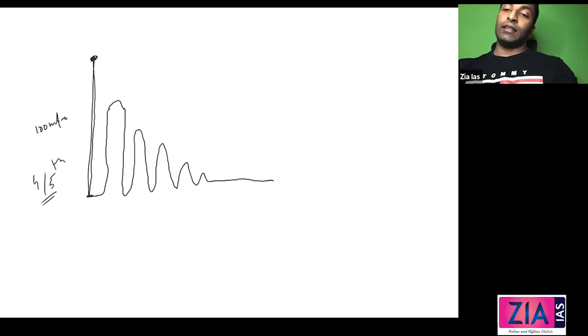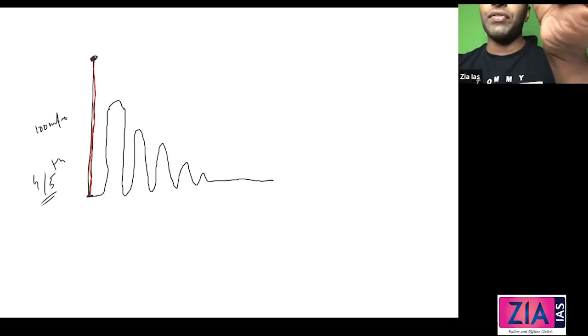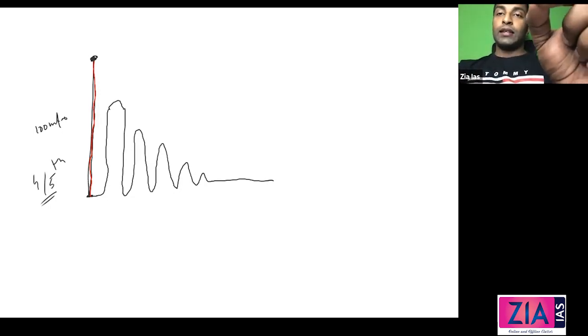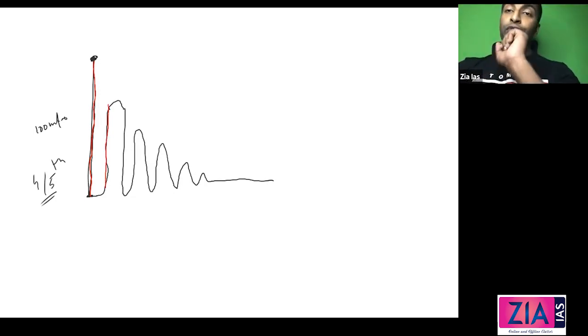What does that mean, guys? When I'm saying 4 by 5th rebound, it means firstly it falls from 100 at the top. So how much is the distance traveled? First time, 100, the distance traveled by the ball. Second time, the distance traveled is 4 by 5 of 100, which is 80. Correct? Then what about this distance?